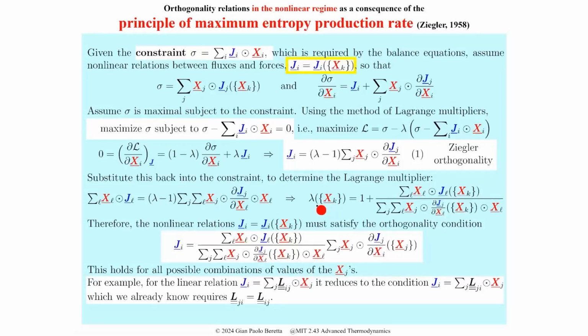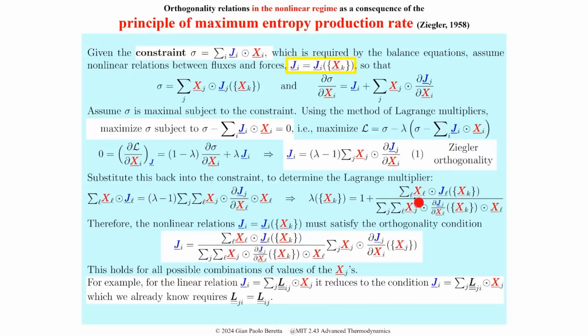In the linear case, we found that lambda is equal to 2. Here, it's more complicated because lambda is this function of whatever functional form you have chosen for your relations between forces and fluxes, which is nonlinear in general.